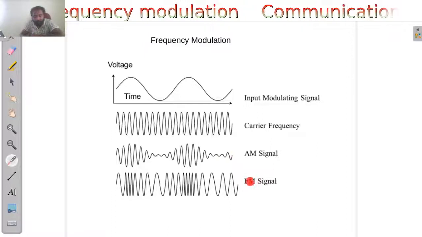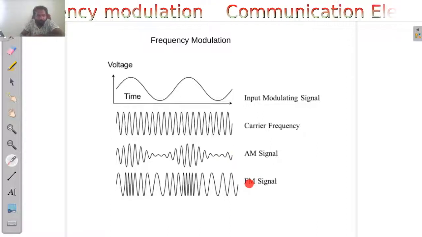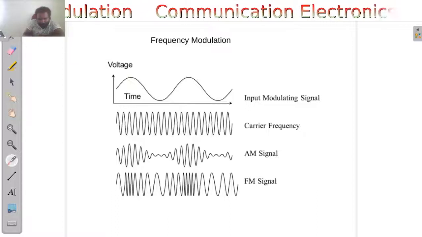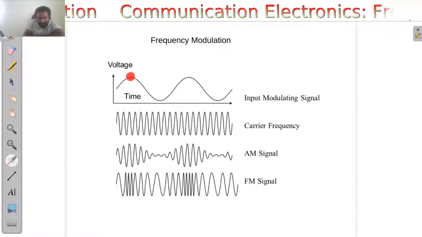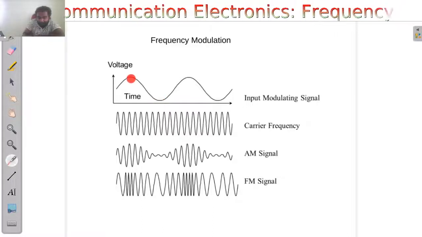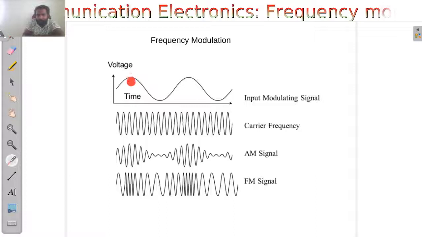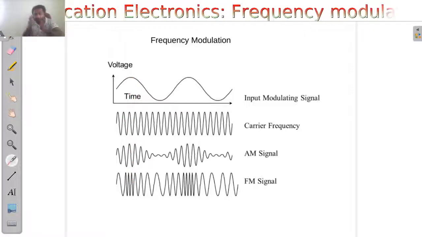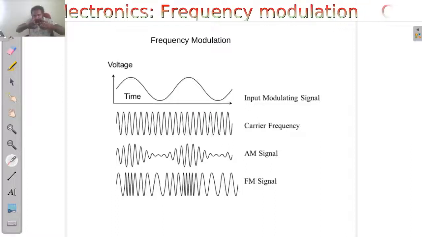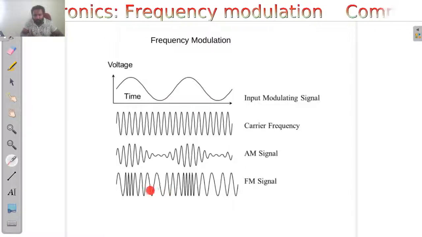But in the case of a frequency modulated signal, what we are going to get is a wave like this. In this wave, you can see this is the highest amplitude point, and this is the lowest amplitude point. Corresponding to the highest amplitude point, you will be getting the waves densely packed together. But in the case of the lowest point, you will have a more spread out wave.